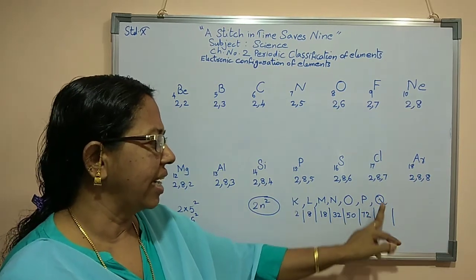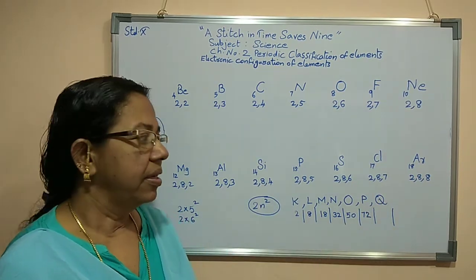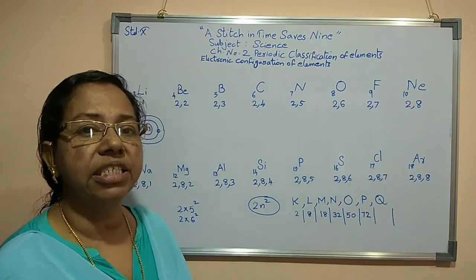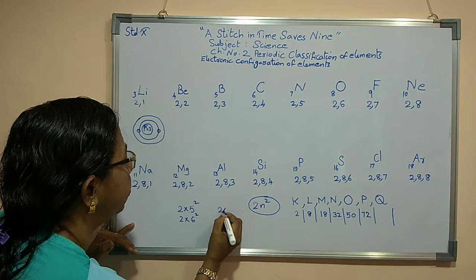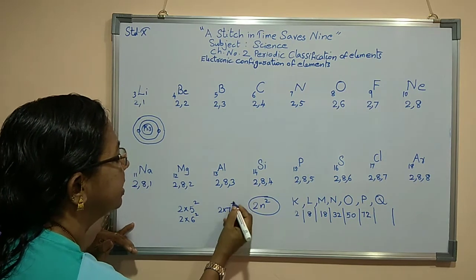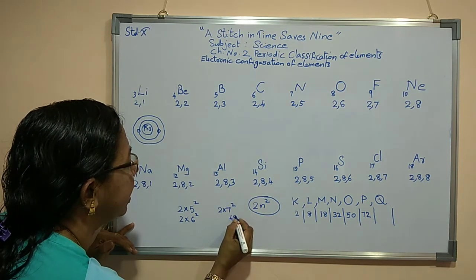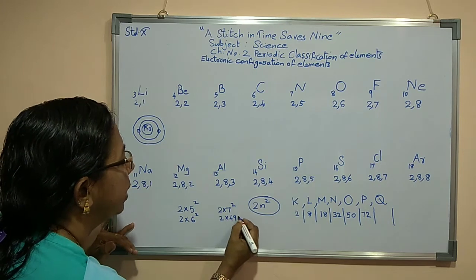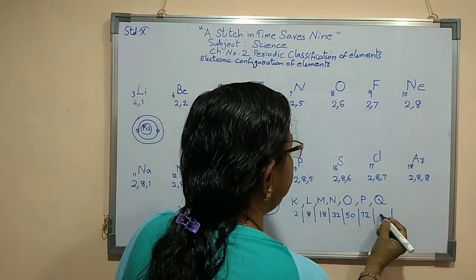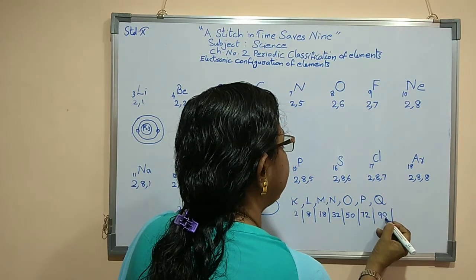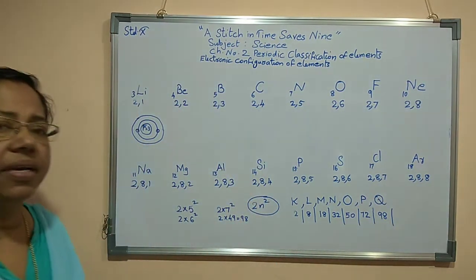Then the last, the seventh orbit, can have maximum how many? Let us find out now. That is 2 into 7 square. 7 sevens are 49, into 2, the answer will be 98. So the seventh orbit can occupy maximum 98 electrons.